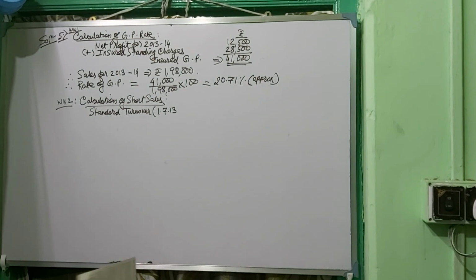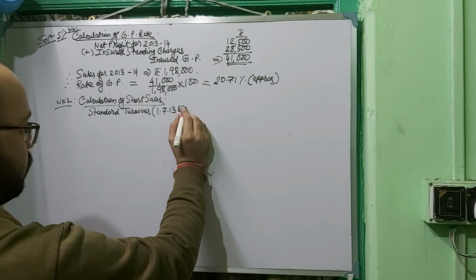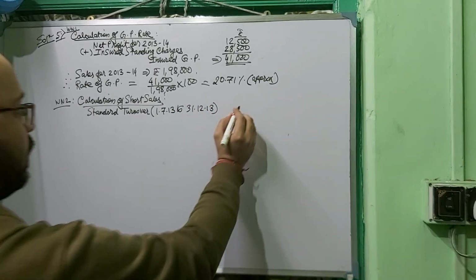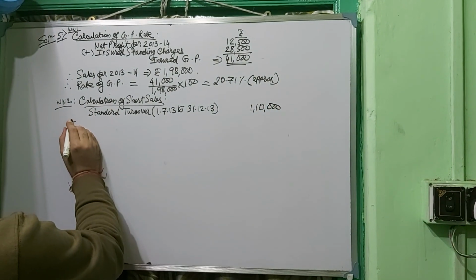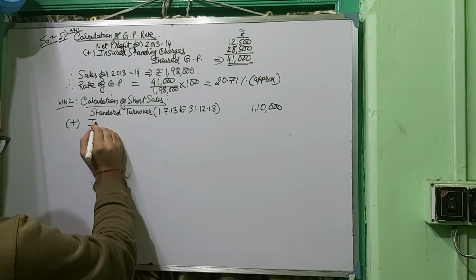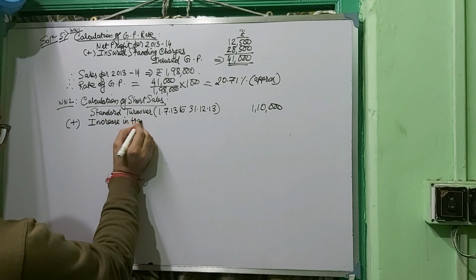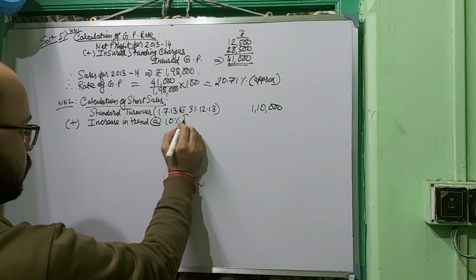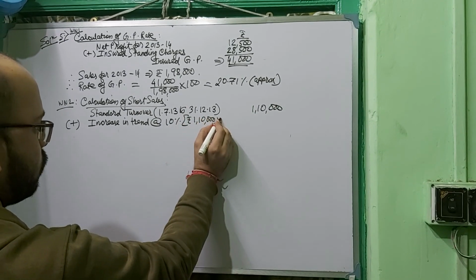That turnover, given up to 31st December 13, is 1,10,000. As we have seen, in the coming year there has been an increasing trend of 10%. So we have to increase it at the rate of 10%. So what is the amount? 1,10,000 into 10%.